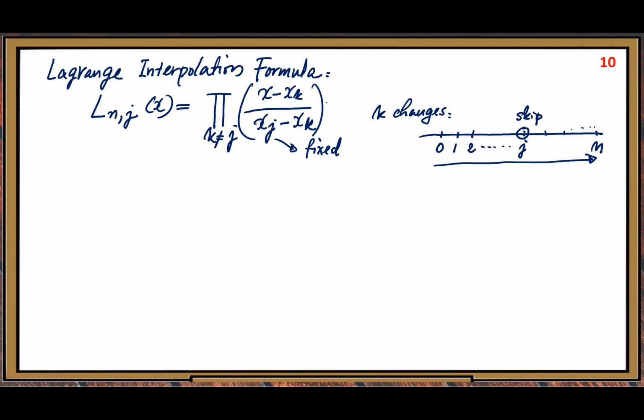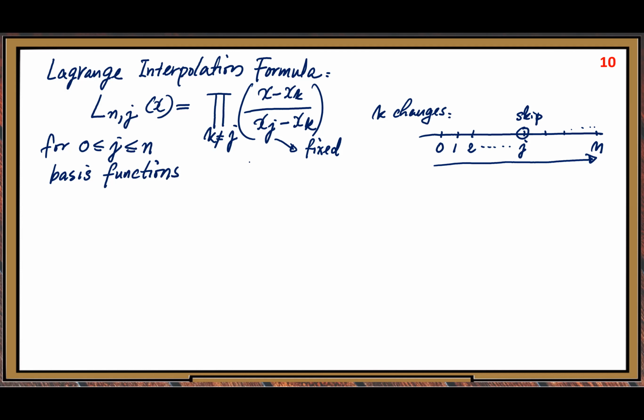So this is the Lagrange basis function, for j between 0 and n. So you have n plus 1 basis functions. That is the definition of the Lagrange basis function.